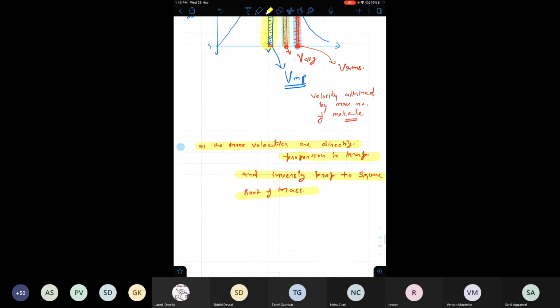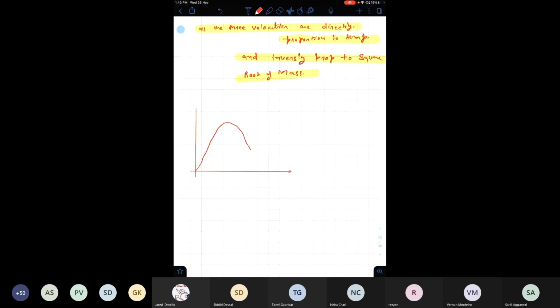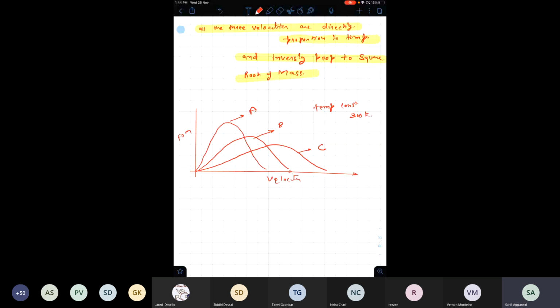For example, we have three gases: gas A, gas B, and gas C. Temperature is constant. Fraction of molecules and velocity.